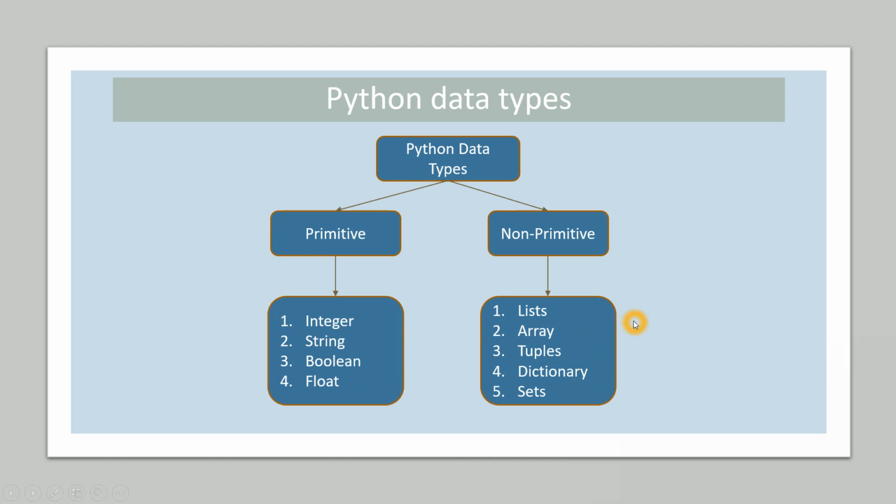So these all are the data types. Like if you have declared any variable and you want to store any value in that variable, then that value will be either integer, string, boolean or float, or maybe that value will belong to these data types.